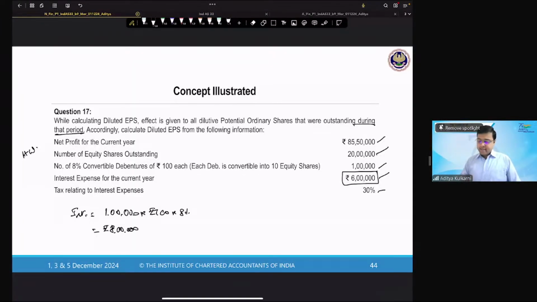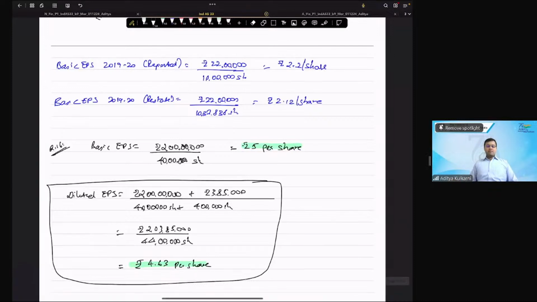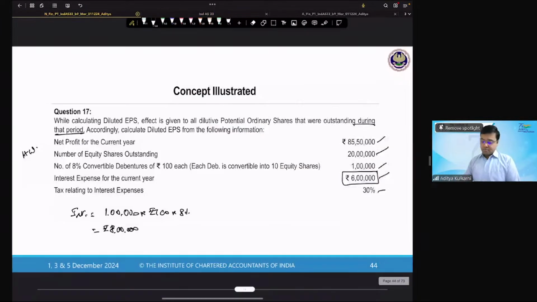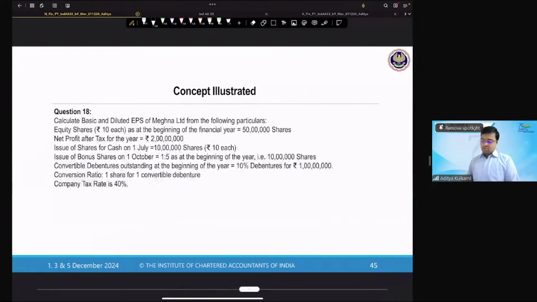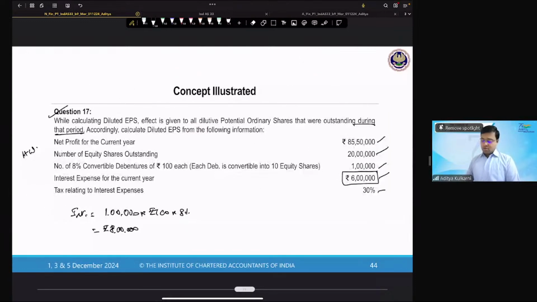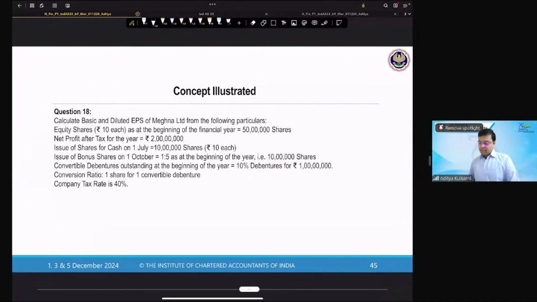Into 10 shares into 9 by 12. Is it okay? Yes, sir, because the debentures are in issue only for 9 out of the 12 months. Is it okay? Yes, sir. All right. So that takes care of this question. Okay. So I leave it to you for homework. Okay. Next.